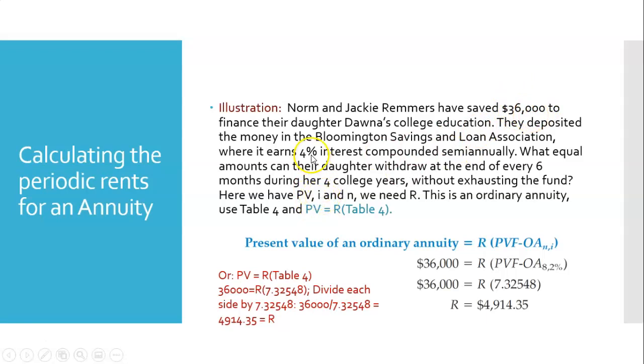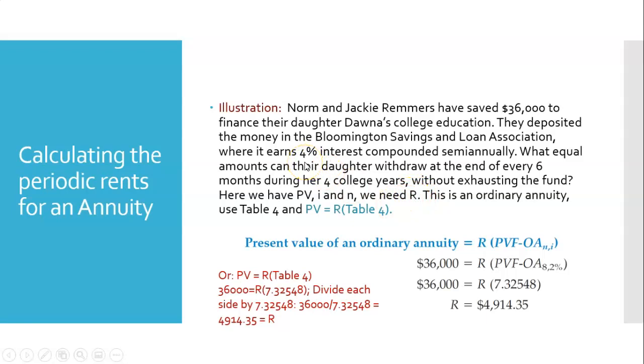We have an I, which is 4%. We have an N, which is 4 college years. And we need the R, so the R is the question mark.